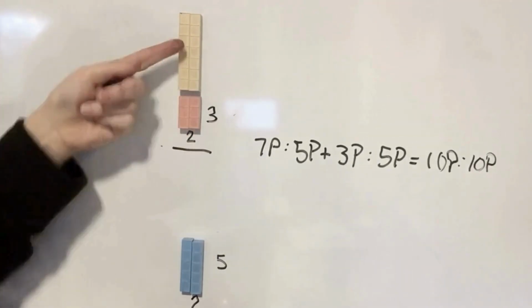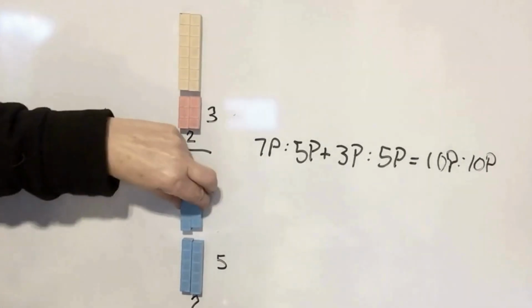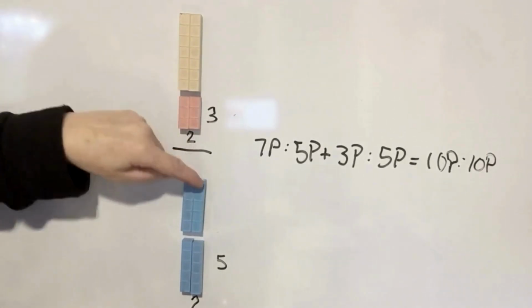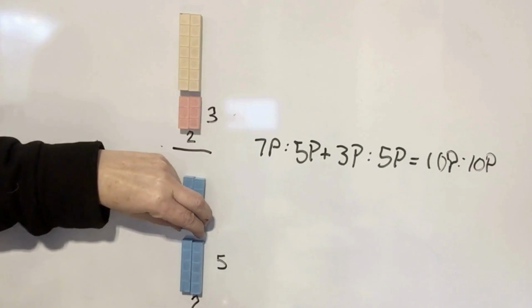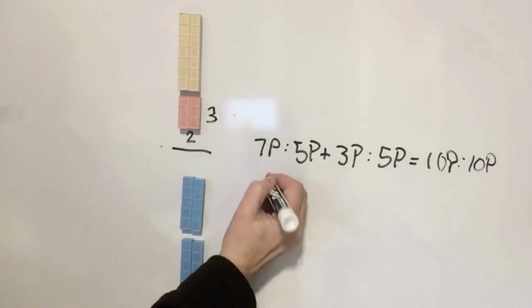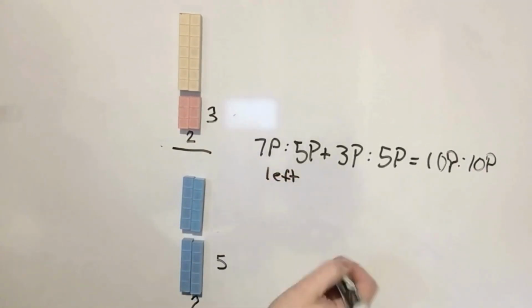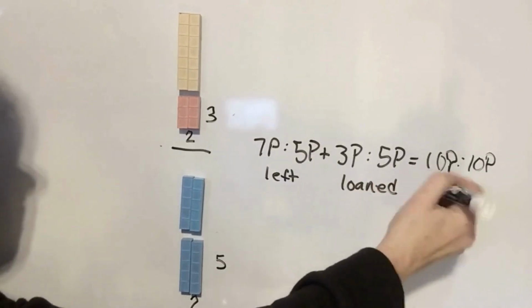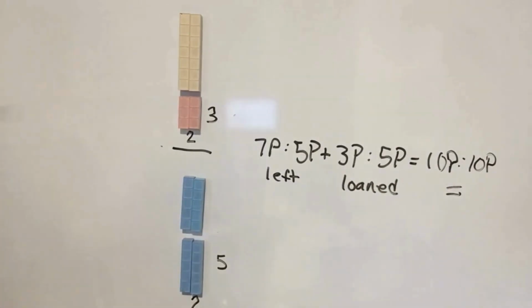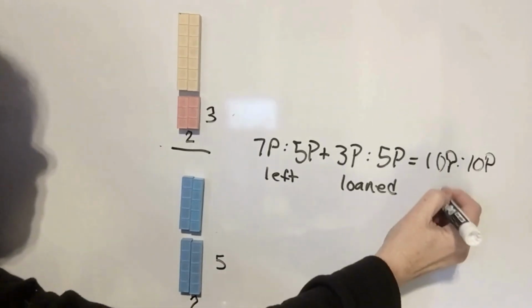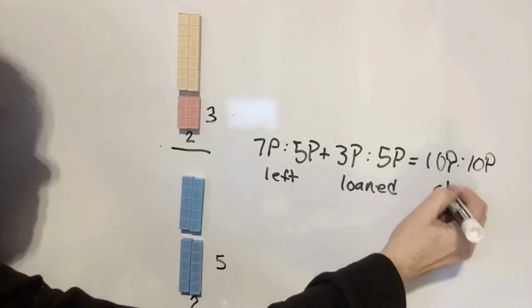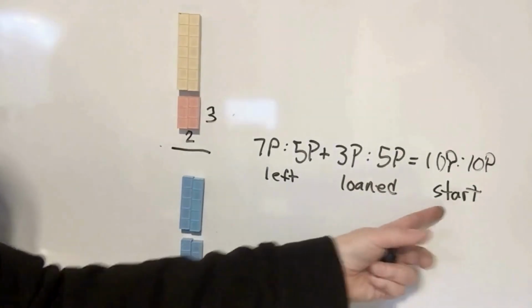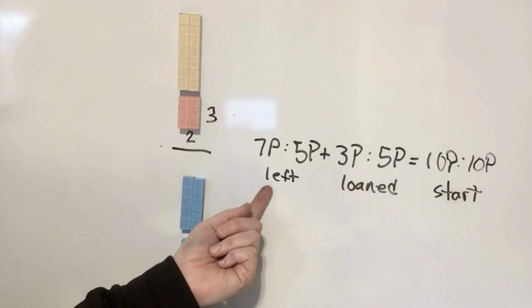So this is your 7P, and then there's your 5P, which is 7 and 2, and 5 and 2. That's that ratio. This is the ratio of what was left, right? Left. And this was loaned out, right? And this was when they were equal, right? At the beginning, at the start, before anything was loaned out or anything was left. So they started with this, they loaned this out, and then they were left with this.